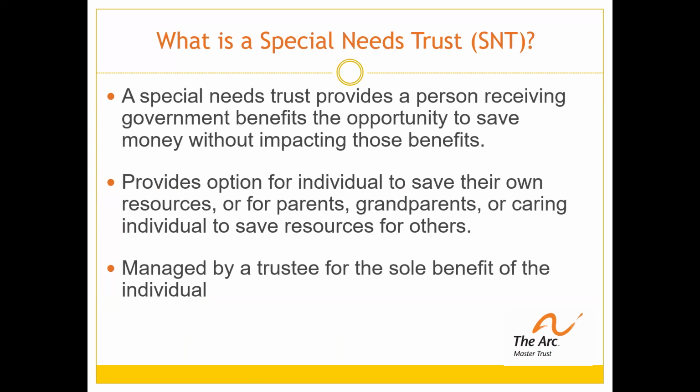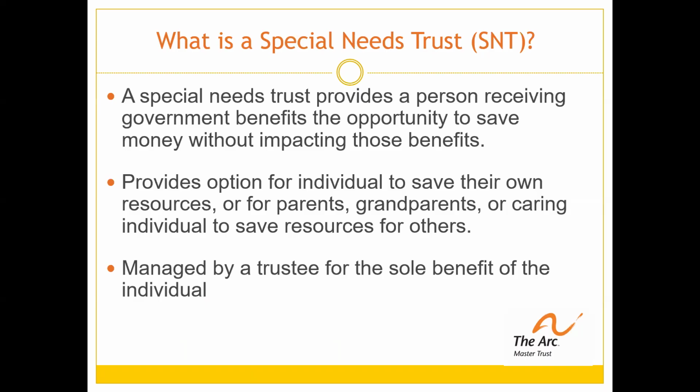In one of our other webinars, we've discussed some of the basics about special needs trusts. To recap, a special needs trust is a way for individuals receiving government benefits like SSI or Medicaid the opportunity to save money without impacting their benefit eligibility. The person for whom the trust is established is known as the trust beneficiary.